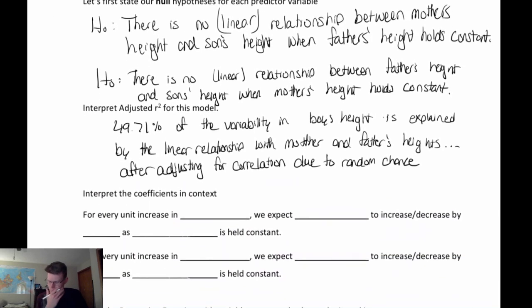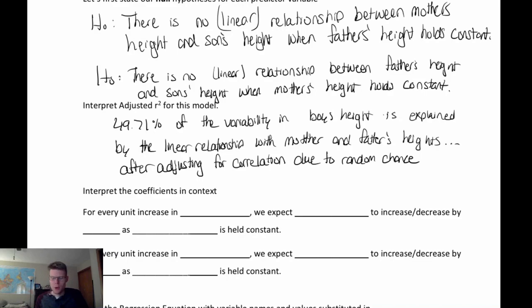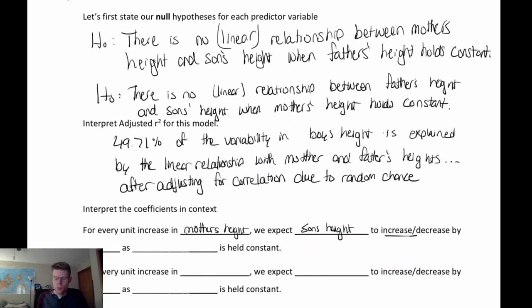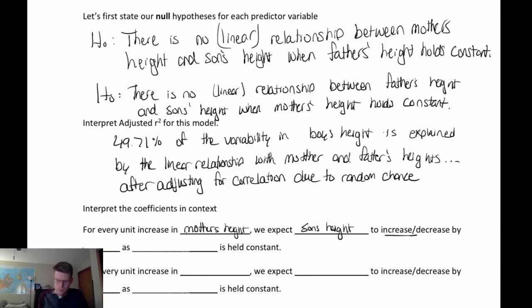So let's go ahead and interpret the coefficients in context now. So for every 1 unit increase in, we'll start with mother's height, it's listed first, we expect son's height to increase by 0.0503 55 as father's height is held constant.